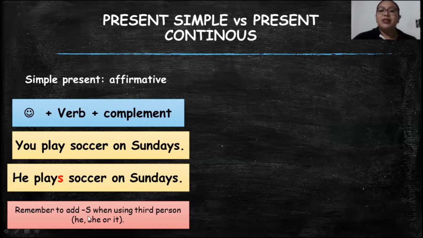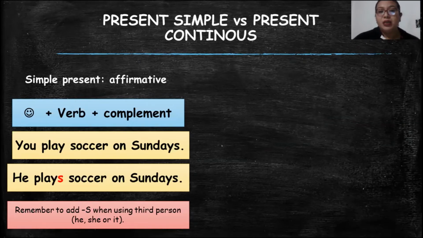Okay, guys, this is really important that you remember, because most of the time you forget about this, okay? So this is something that cannot continue happening, okay? So you need to remember that we need to add s when we are using third person in simple present affirmative, okay?